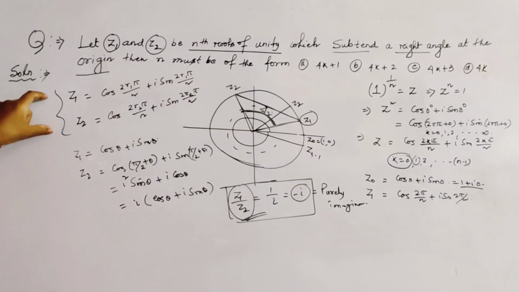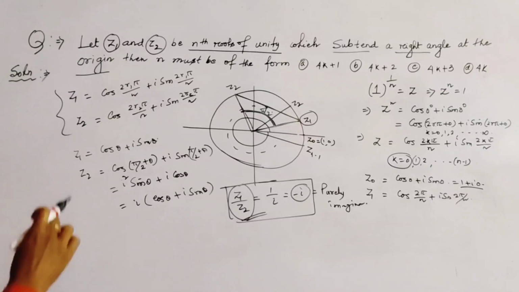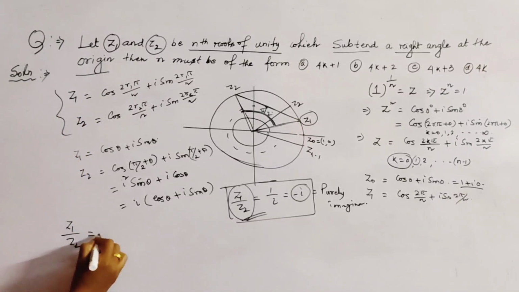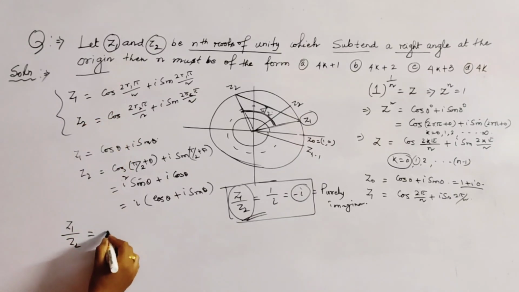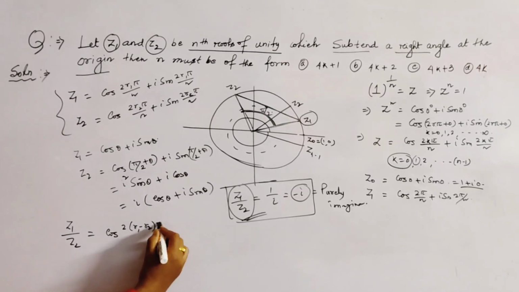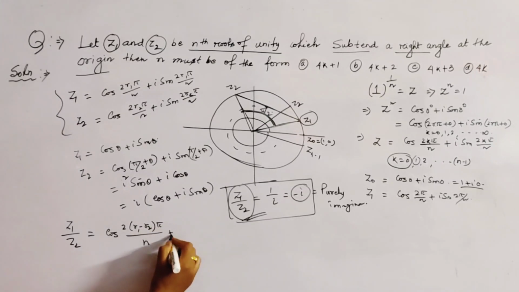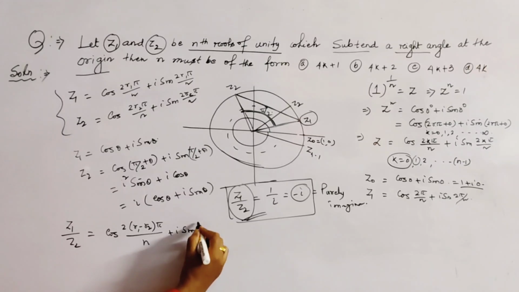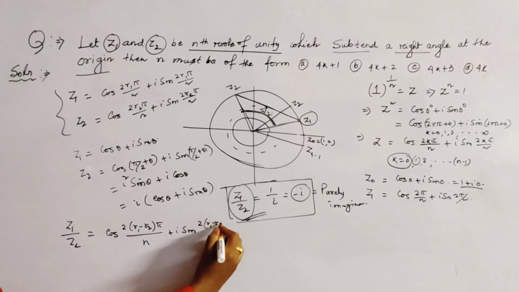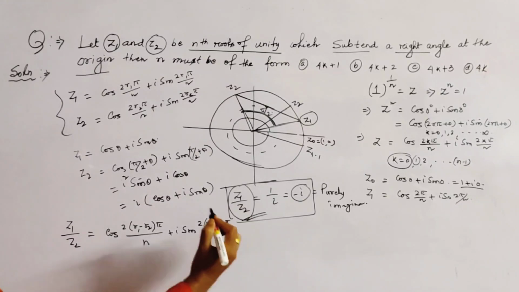Now come back to our main problem. Here z1 by z2 is given by cos 2(r1 minus r2)π by n plus i sin 2(r1 minus r2)π by n.